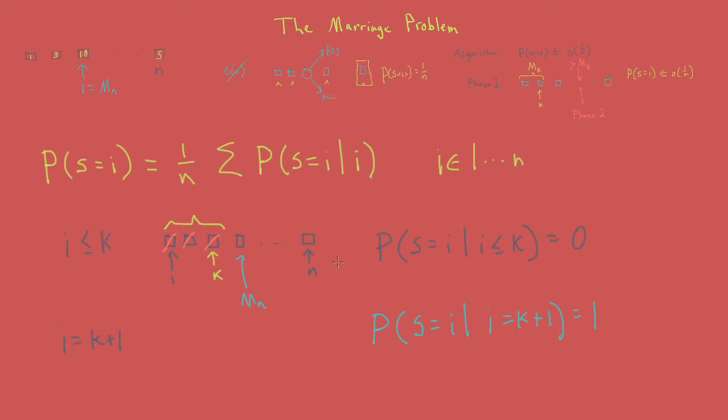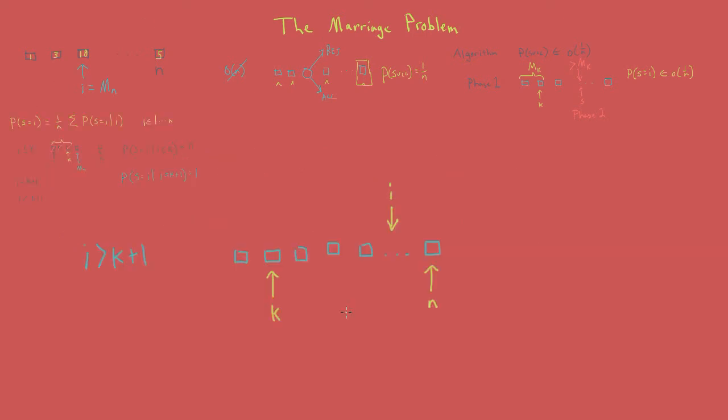The last case we're going to look at, and the most general case, is when I is greater than k plus 1. We want to know, again, what is the probability that S equals I, given I is greater than k plus 1.